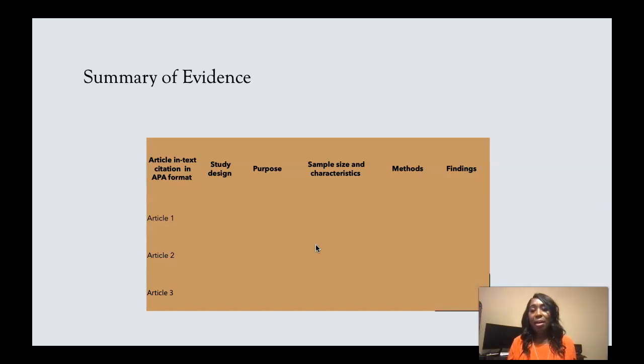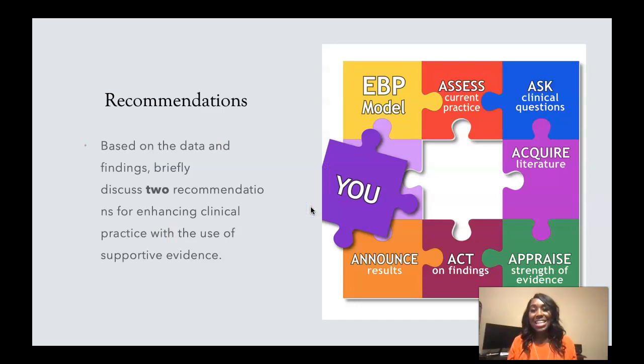So make sure you have ample support so you know the information and you're able to present the information well as you discuss the summary of the findings of all three of those articles, and make sure you address each of those categories.